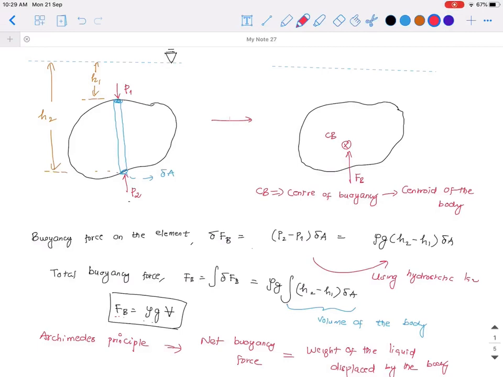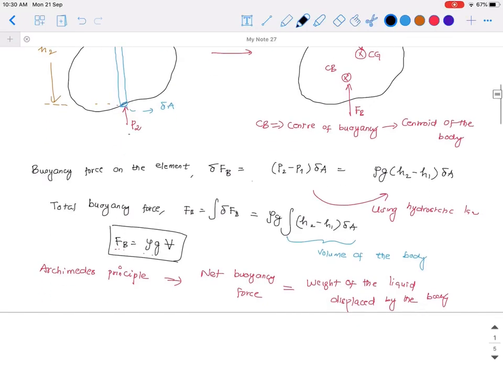Another one, it's well known, the weight acts at the center of gravity. So there are two forces mainly acting on a submerged or floating body: the buoyancy force that acts at the center of buoyancy, which is the same point as the centroid of the body, and the weight which acts at the center of gravity.